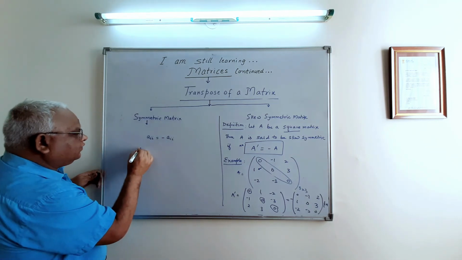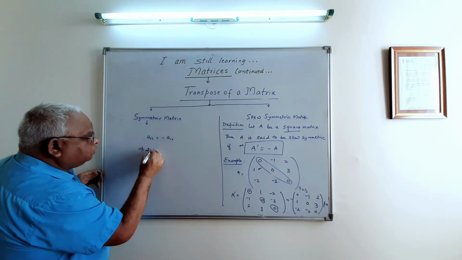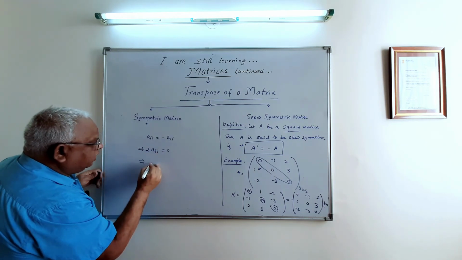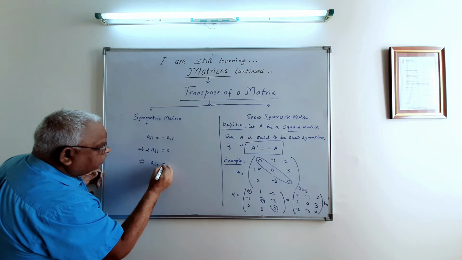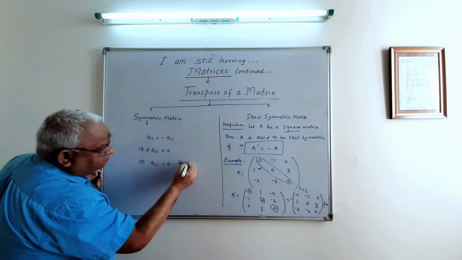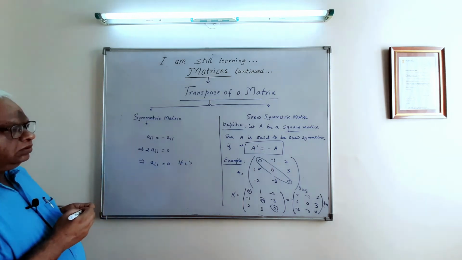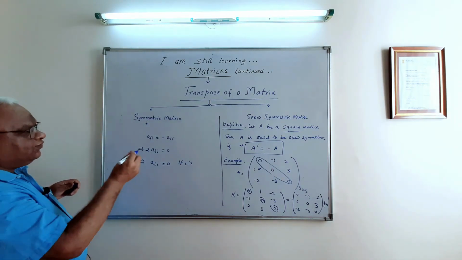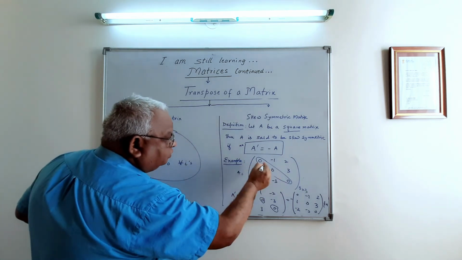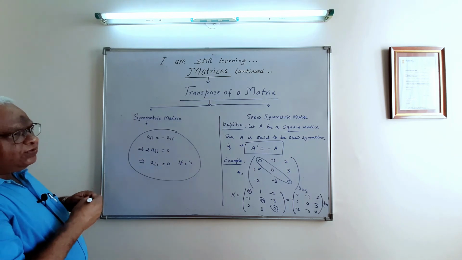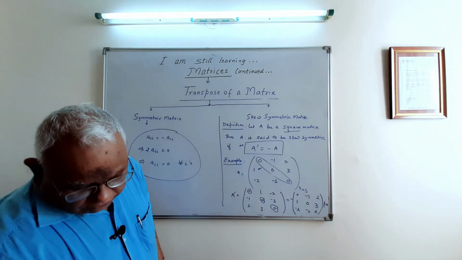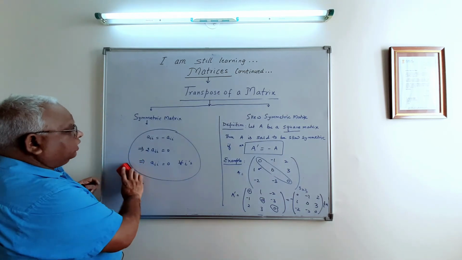So when you solve this, what happened? 2Aii is equal to 0, which implies Aii is equal to 0 for all i. All right. That is the mathematical reason to take these elements as 0 when you are talking about skew symmetric matrix. I hope the thing is clear to you.